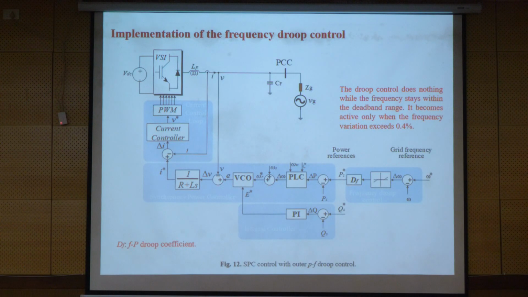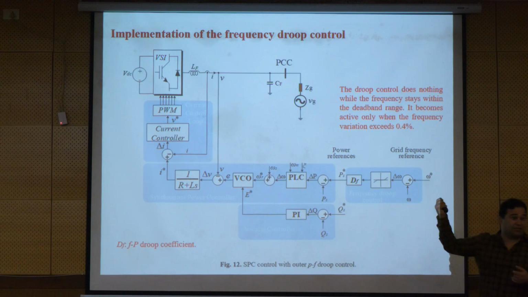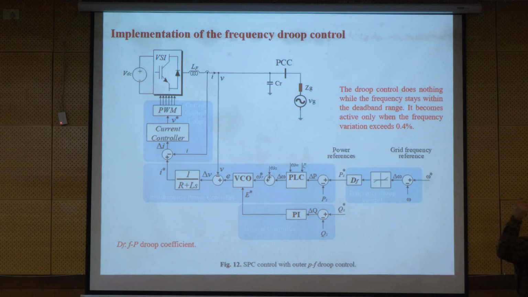So for this, we have one loop. We consider the reference frequency. What is the value of the reference frequency? Abe? What is the reference frequency? What is the value for omega star? What?